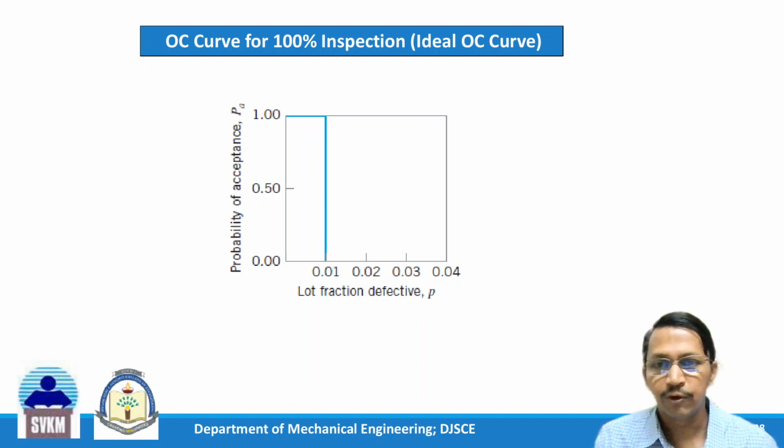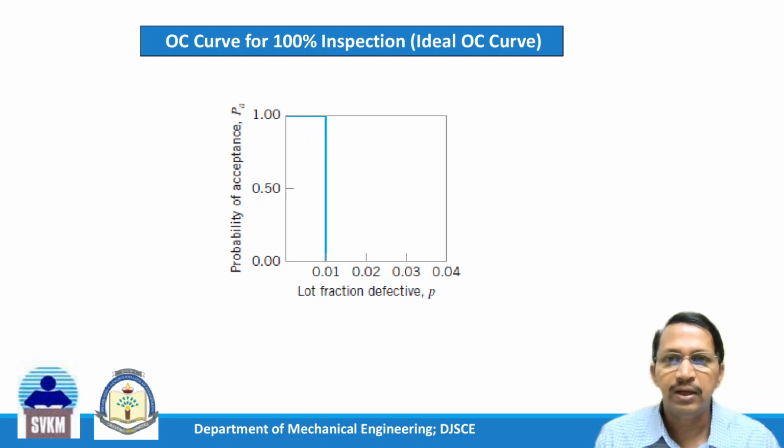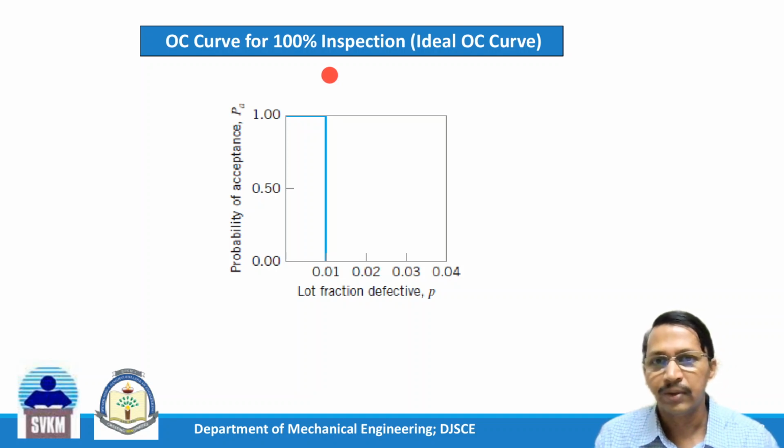It is possible only in 100% inspection, and that too without any inspection error. The inspection does not consist of any error of instrument as well as human error during inspection. So this is actually the ideal case.